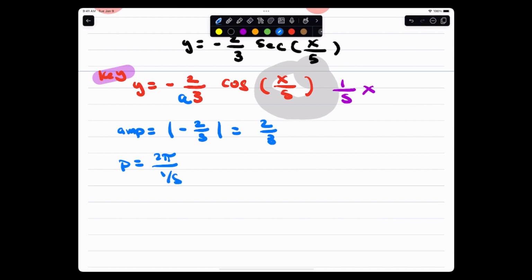What's k? Which will be 2 pi divided by 1/5. 2 pi times 5, which is now 10 pi. So here's my period.